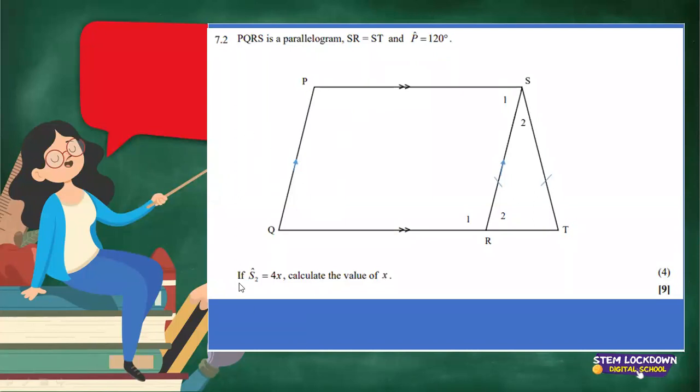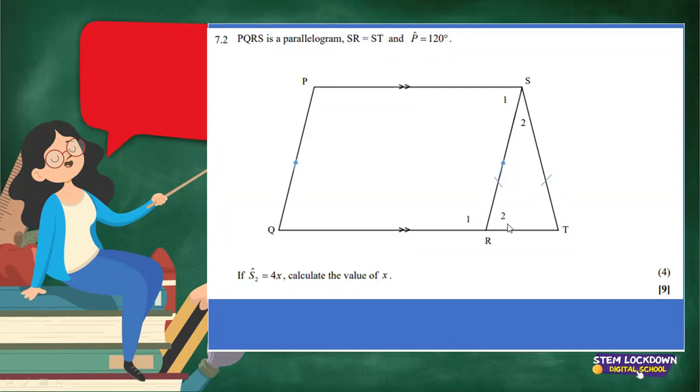So if angle S2 equals 4x, these two combined will be 180 minus 4x. If you divide 180 minus 4x by 2, we get 90 minus 2x. Because angles 1, 2, 3 must give us 180, these two share 180 minus 4x.